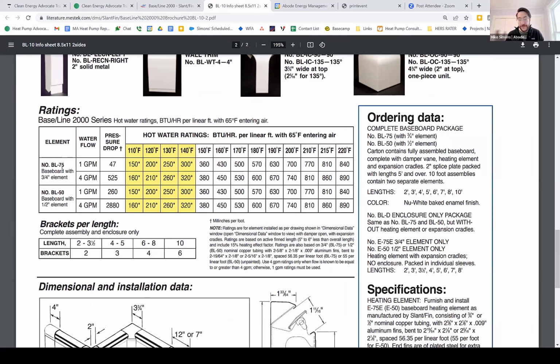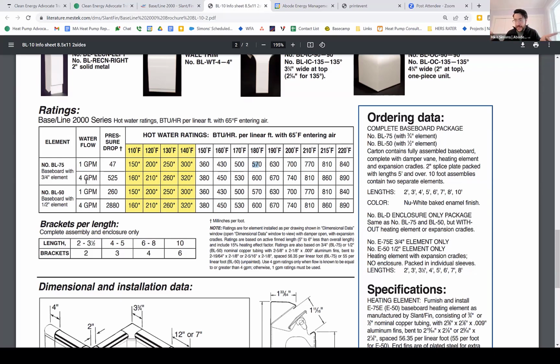What happens when you have different temperature water flowing through it. So say you have 180-degree water and the circulator pump is pumping water through the system at 1 gallon per minute. What would end up happening is that every linear foot of baseboard would provide 570 BTUs per hour.